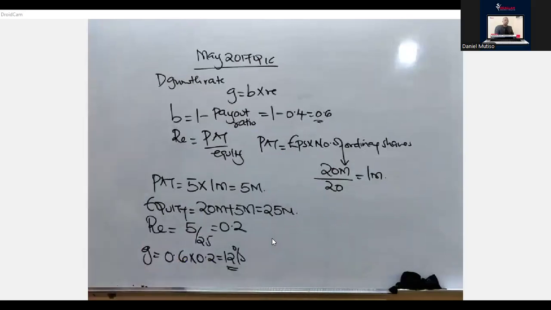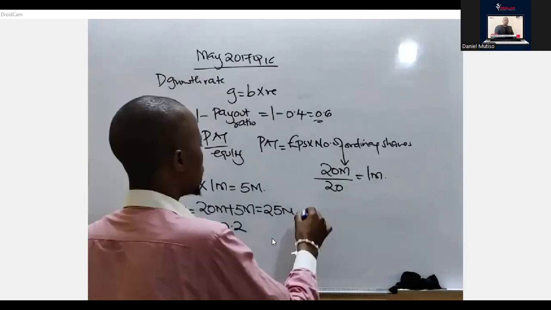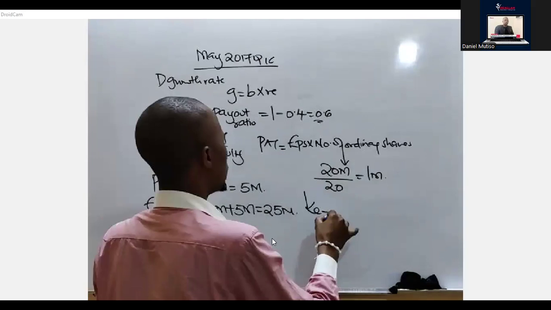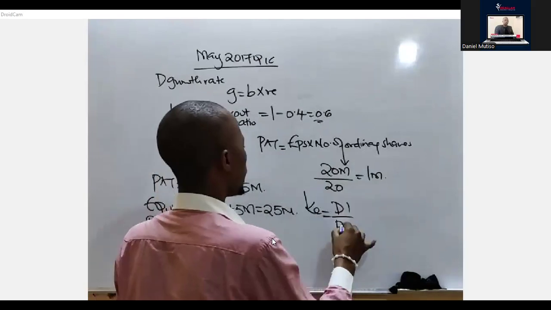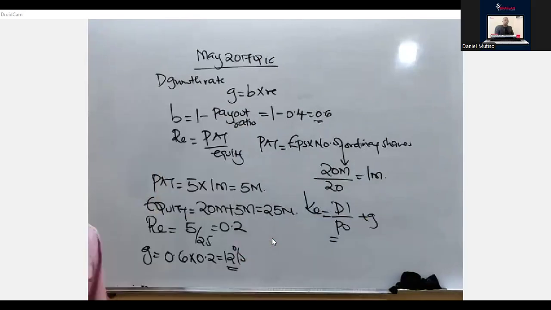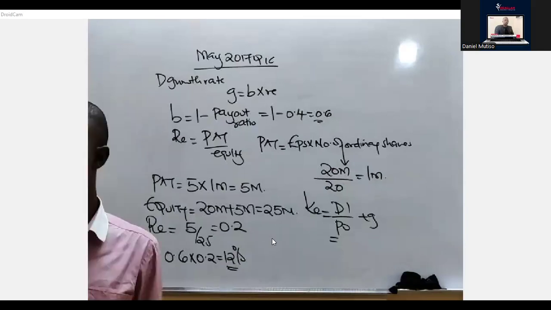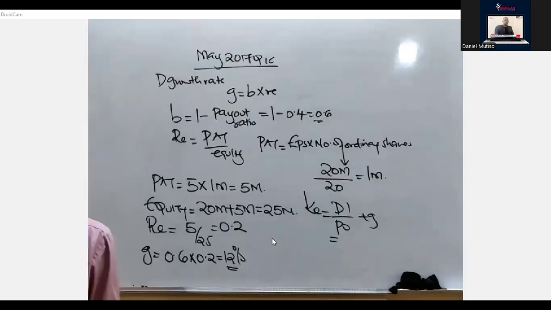So if I want to calculate the cost of equity now, it is D1 over P0 plus g. So how much is my D1? As per note number 3, we are being told the ordinary shares of the company are currently selling at 50.